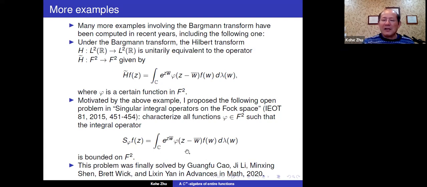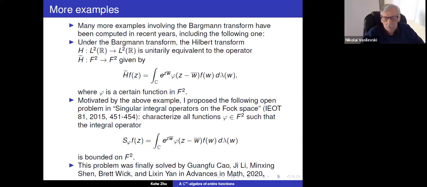Its bottom line is basically that integral operators like this are kind of multiplication operators on the real line, not exactly multiplication operators. If you want to be precise, their result is that integral operators like this on the Fock space are unitarily equivalent to the so-called Fourier multiplier operators on L2.